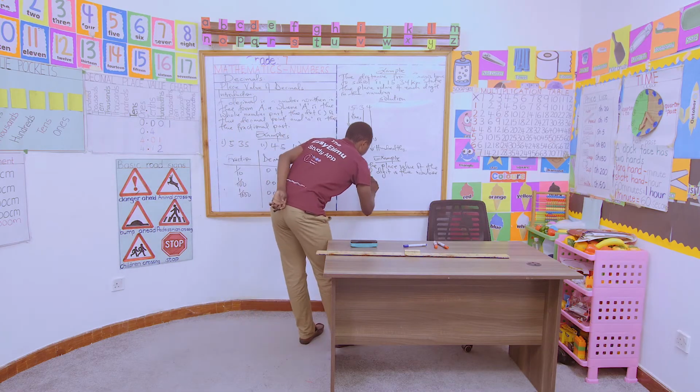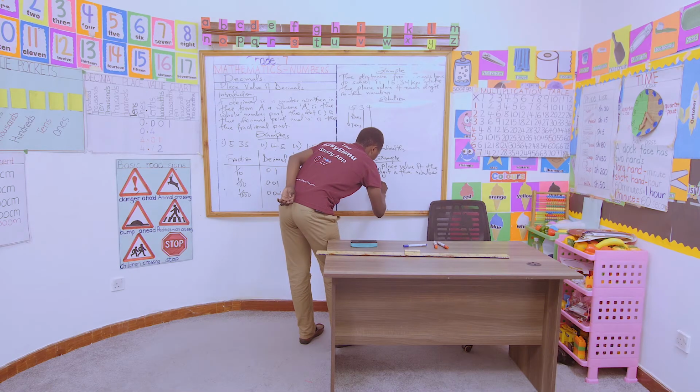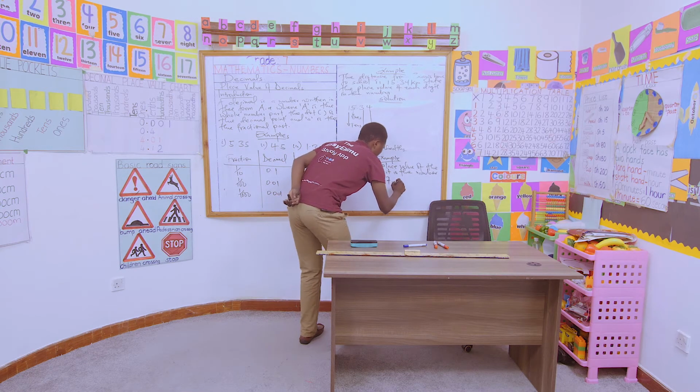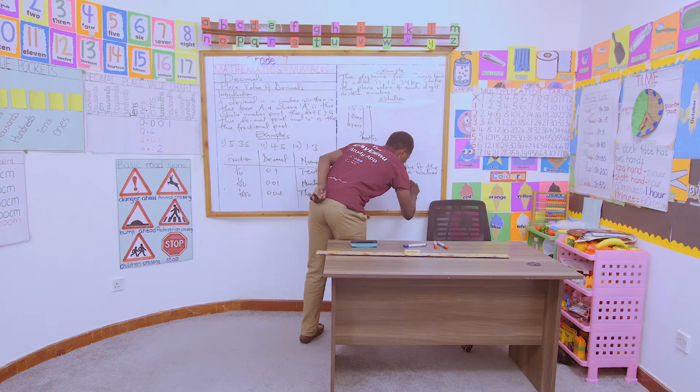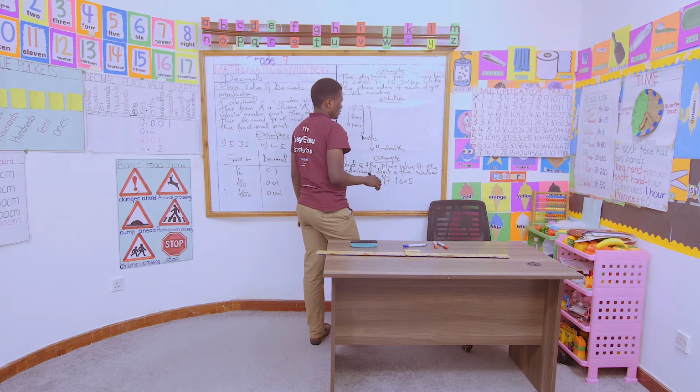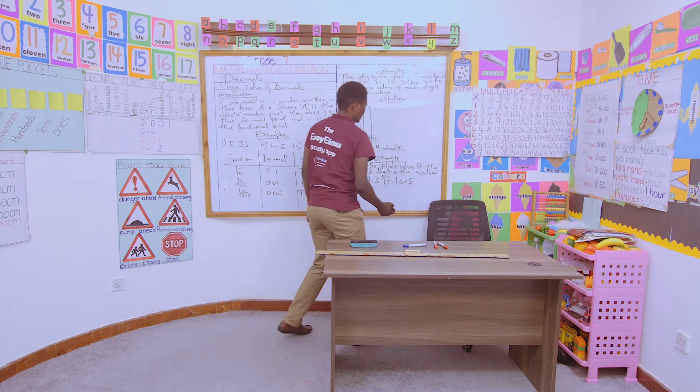So we have a number like 2,397.1605, and the underlined digit is 5.